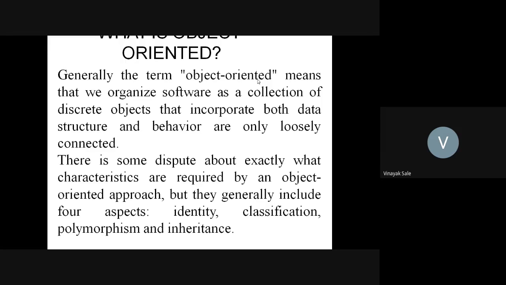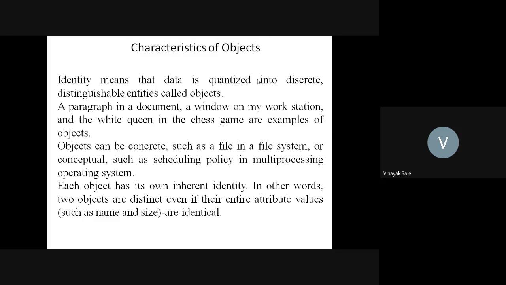There is some dispute about exactly what characteristics are required by an object-oriented approach, but they generally include four aspects: identity, classification, polymorphism, and inheritance. So, what are the characteristics of objects? Identity means data is quantized into discrete and distinguishable entities called objects.